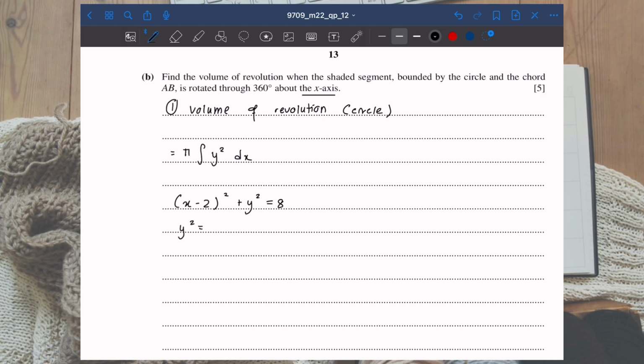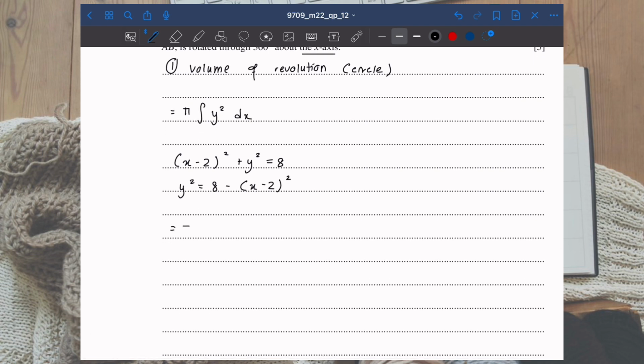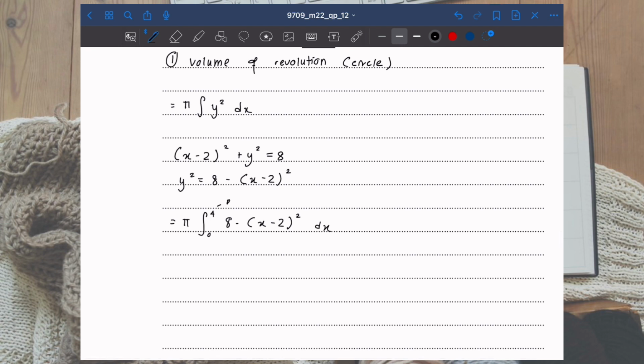So our y² will be 8 − (x − 2)². That will give us π ∫ (8 − (x − 2)²) dx, and our limits are 0 to 4. These were our A coordinate and our B coordinate.